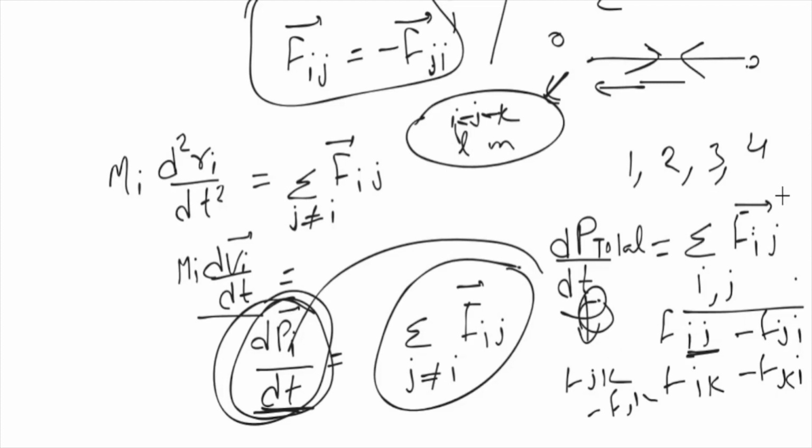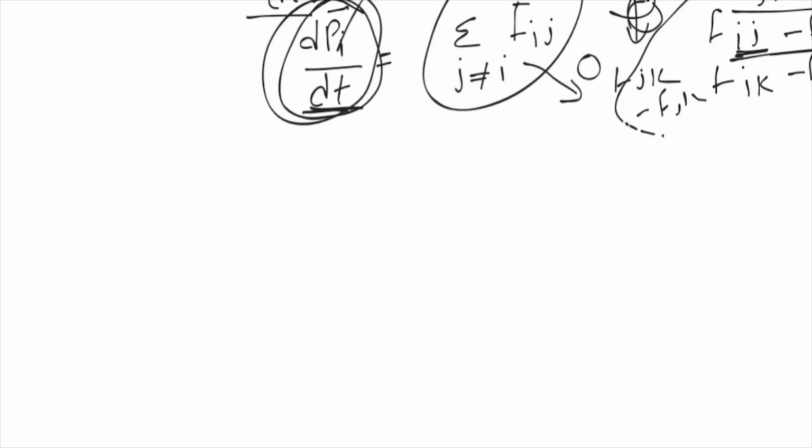So the right hand side gives us 0. When we add up all of the forces of all the particles, they add up to 0 because they come in equal and opposite matched pairs. So the result from Newton's third law is that dP total upon dt is equal to 0.